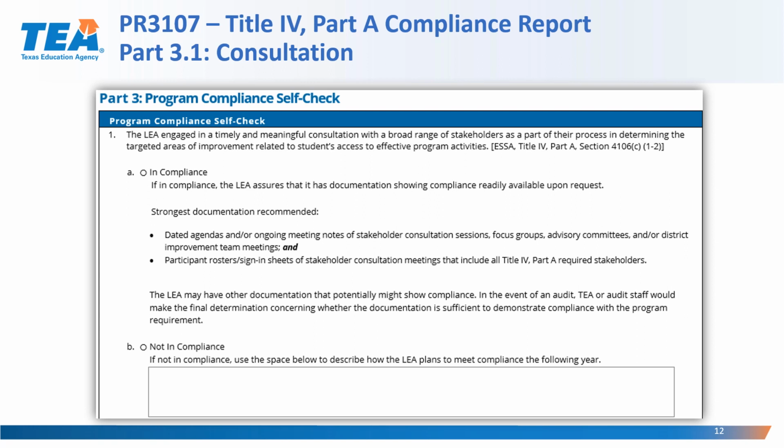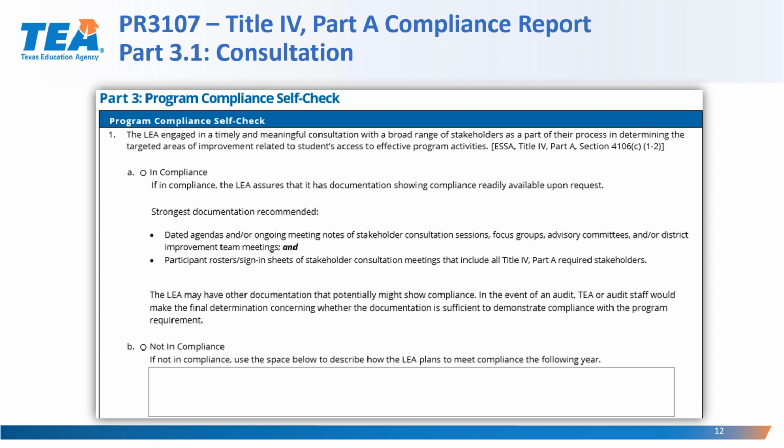A few examples of the strongest documentation recommended are agendas and/or ongoing meeting notes of stakeholder sessions, focus groups, and/or district improvement team meetings, and accompanying participant rosters, sign-in sheets, and/or ongoing meeting notes that include all required Title IV Part A stakeholders with roles identified.